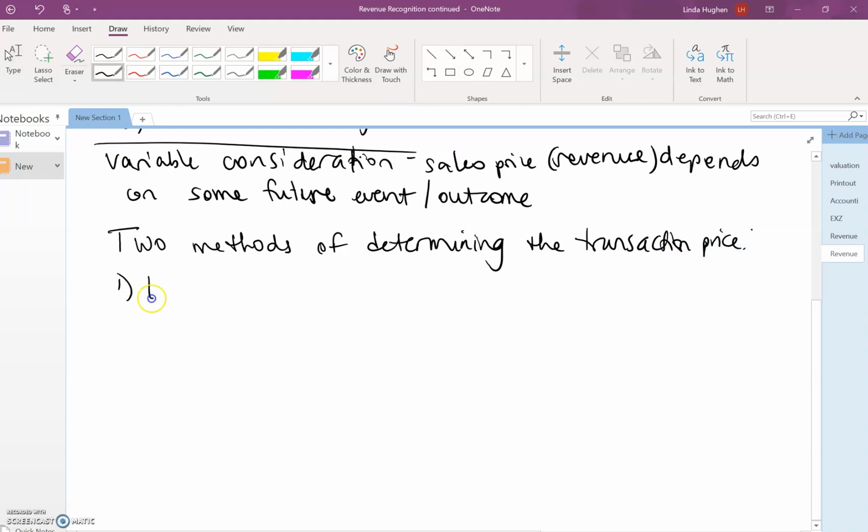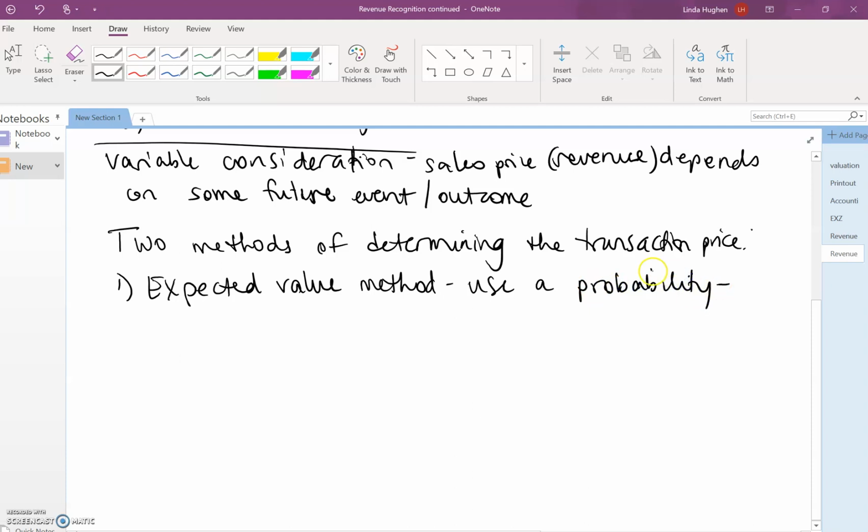One is called the expected value method. And this is where we use a probability-weighted amount where there is a range of possible outcomes. You might be having some flashbacks of a statistics class. Don't fret because it's fairly straightforward calculation.